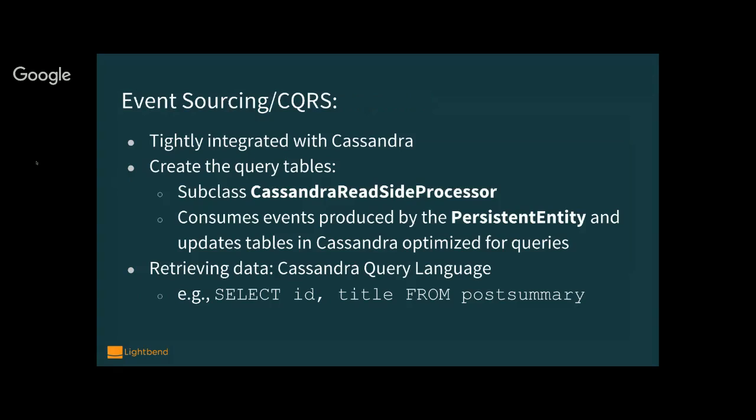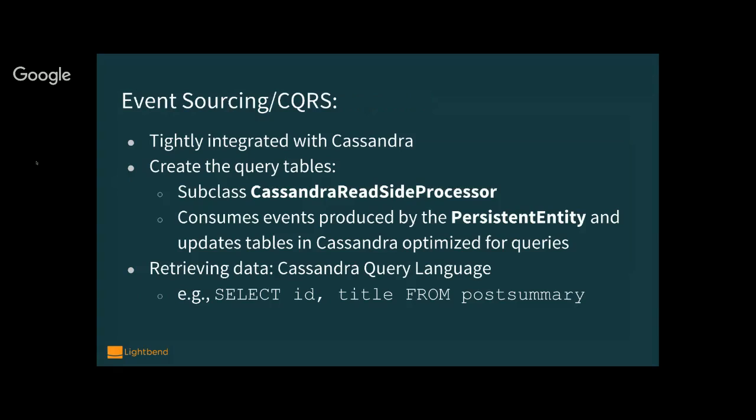So the other thing that you get is tight integration with Cassandra, and it creates the query tables. You also have something called the Cassandra Read-Side Processor, and it's a really nice class which essentially sits on top of Akka Query and consumes events that are produced by a persistent entity, and then it will update Cassandra tables that are optimized for querying.